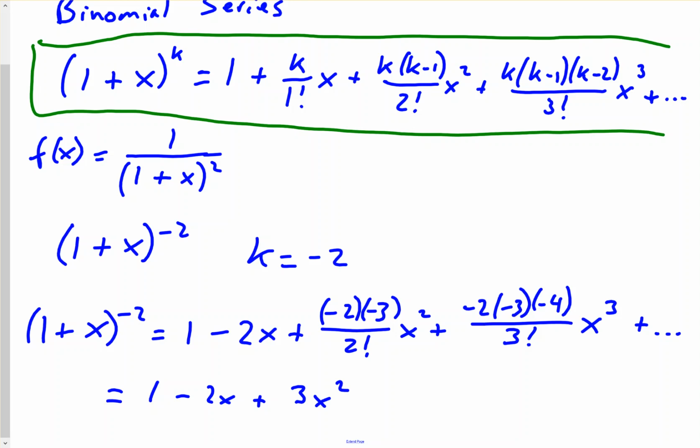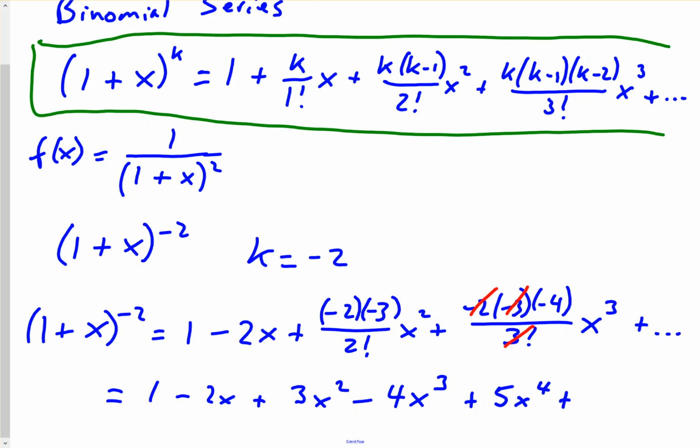And then here we would have negative times negative times negative, that's a negative, so we'd have a minus. 3 factorial is 3 times 2, so we would cancel these two and be left with the 4 x cubed. And if we see the pattern, we have 1 minus 2 plus 3 minus 4. It would continue like this, plus 5 x to the 4th.